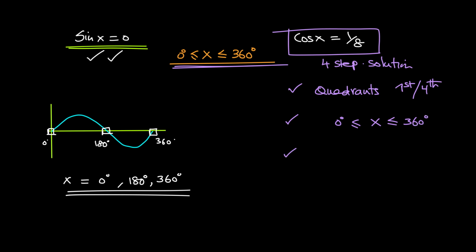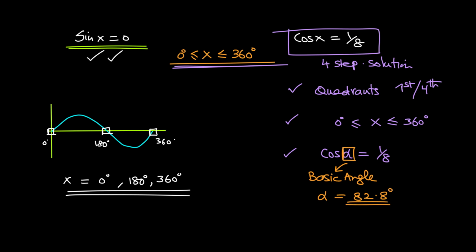Third step is about basic angle calculation. Cosine alpha is 1 over 8. This alpha is the symbol that we use for basic angle. And when we use a calculator, we find the value of alpha comes out to be 82.8 degrees.